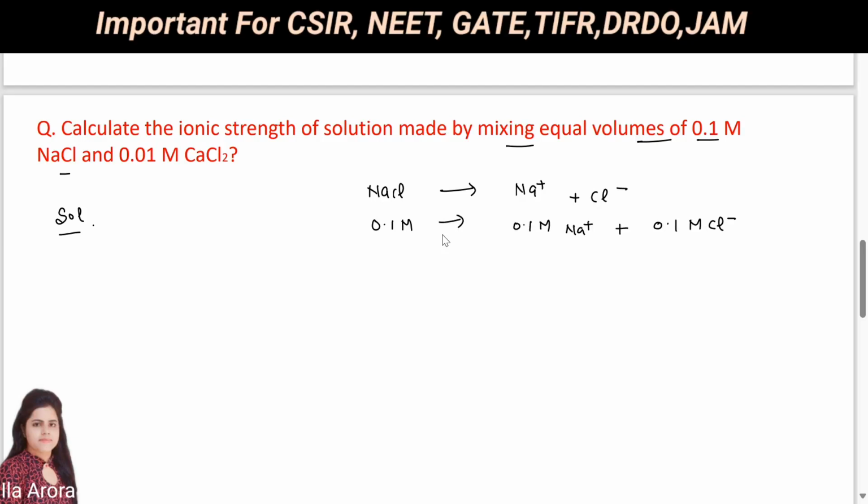But if you have CaCl2, then you will have 1 Ca2+ plus 2 Cl-. So chloride ions are present in both.